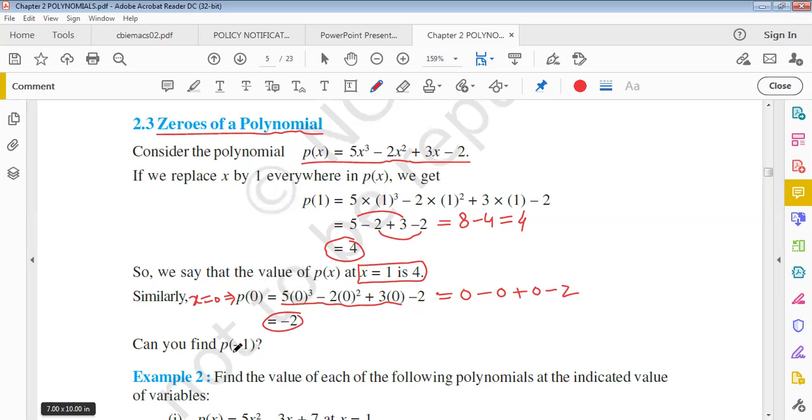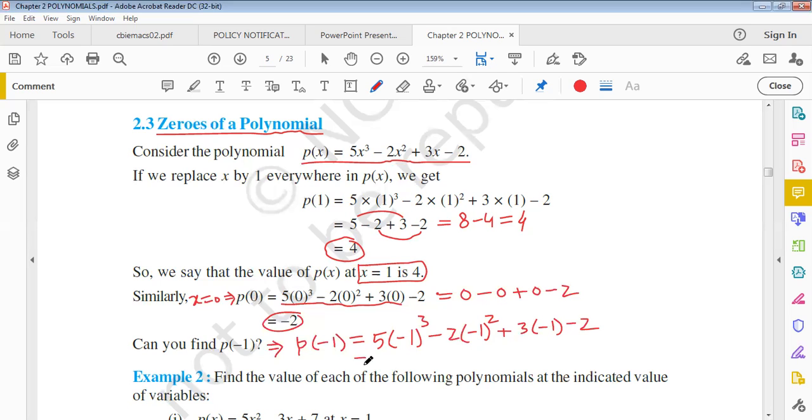Can you find p of -1? Yes. हम इसको सॉल्व करके देखते हैं क्या आती है वैल्यू. So p at the place of x we are replacing it with -1, so this is 5 into -1 whole cube, then -2 into -1 whole square plus 3 into -1 and -2.